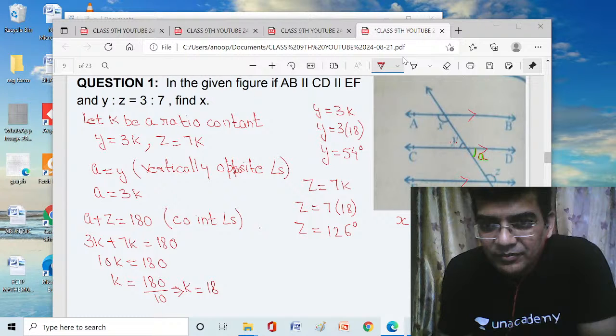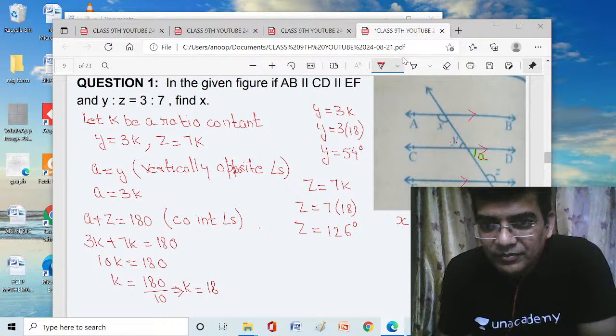Now substituting this value of ratio constant, we get y, I get z, and now coming for this pair x and y, they are also co-interior angles, so their sum will be 180. So from here I can get x is equal to 126 degree. This will be the result. Hope this is clear to you now.